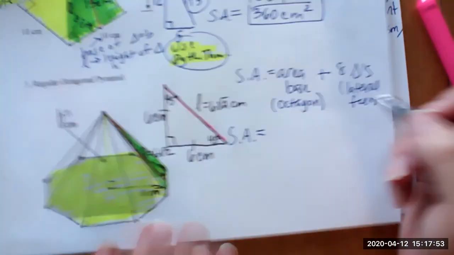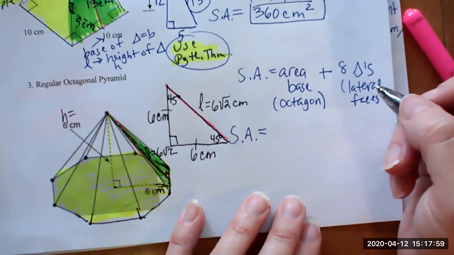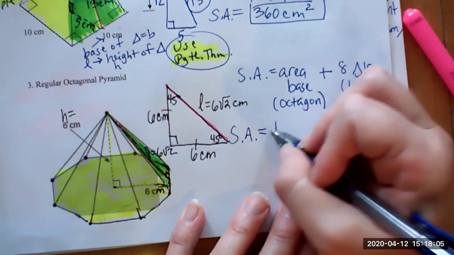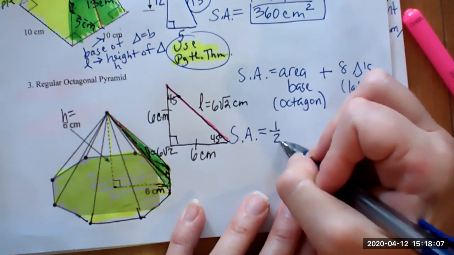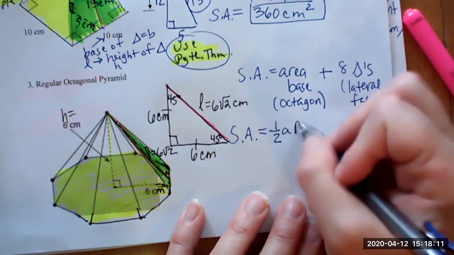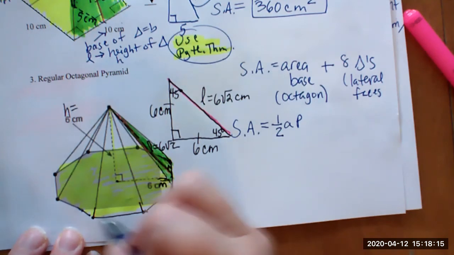We have to use what we learned in the last section, in section 11.3, about how to calculate the area of an octagon. And we have to remember, to calculate the area of an octagon, we need 1/2 the apothem times the perimeter. Now I can tell you something else that was cut off here, which is the length of each side of the octagon.